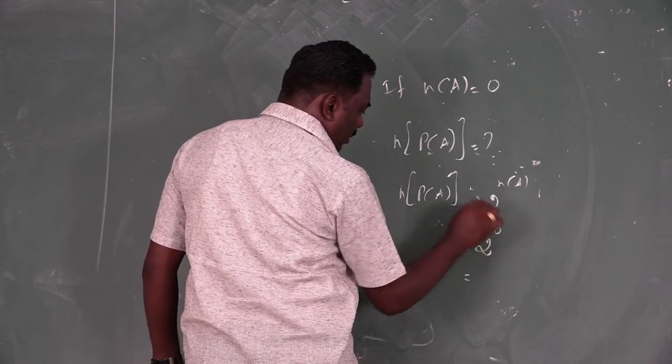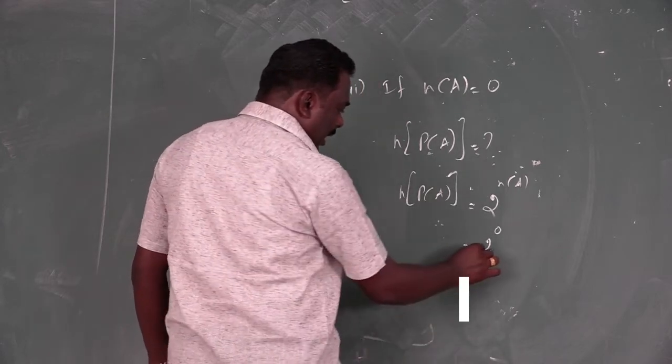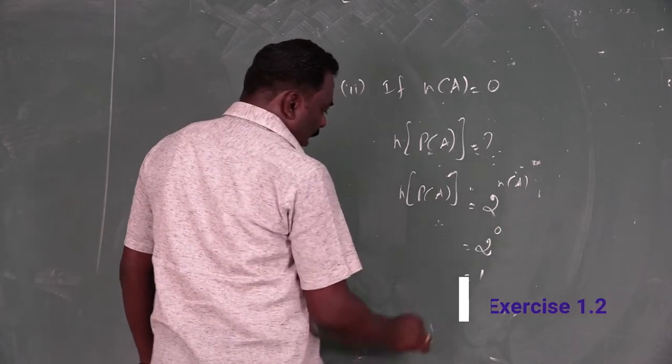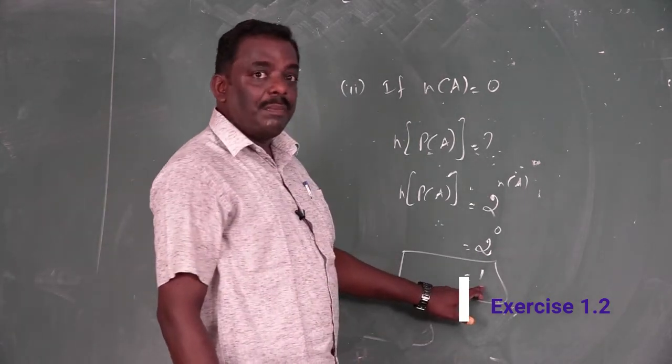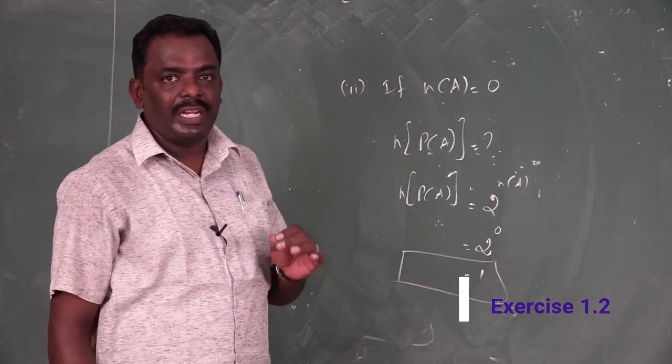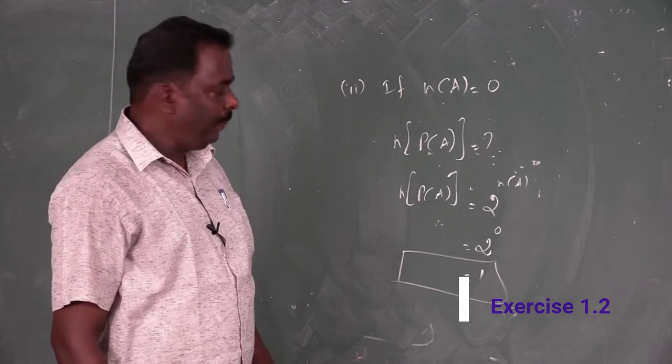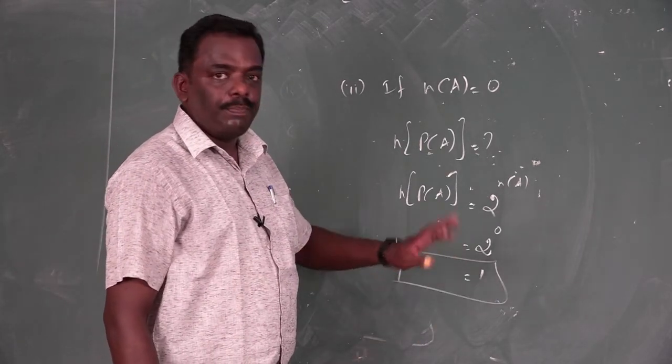Any number power 0 is 1. Any number power 0 is 1, and that is n of P of A. What is one? This is the empty set. Every set has the empty set as a subset. That set count is 1.